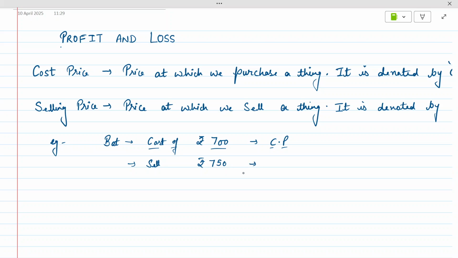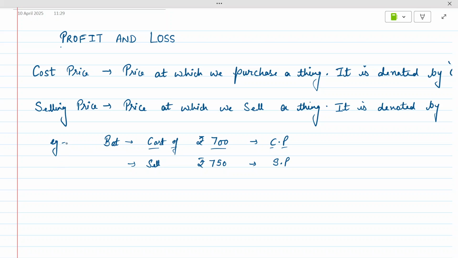I purchased the bat at 700, but I want to sell it at a higher price, 750. So the price at which we sell any product is called the selling price, and we denote it with SP. So SP is the selling price of the bat here, which is 750.